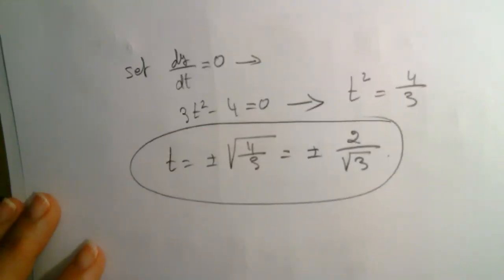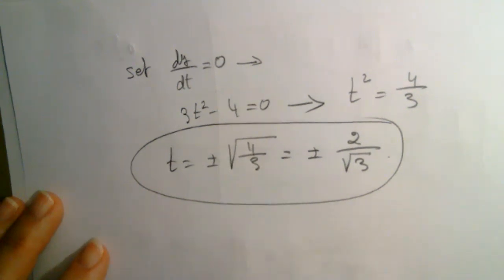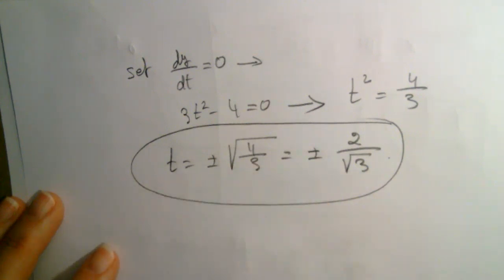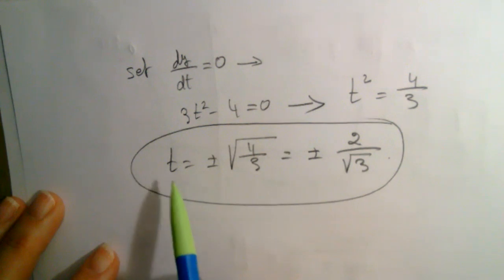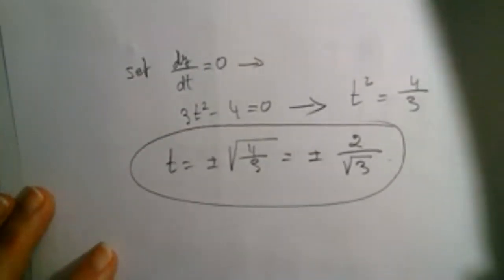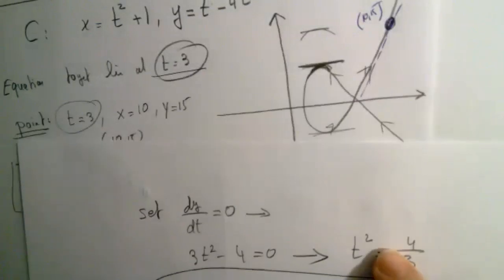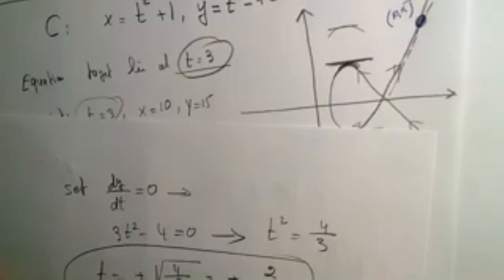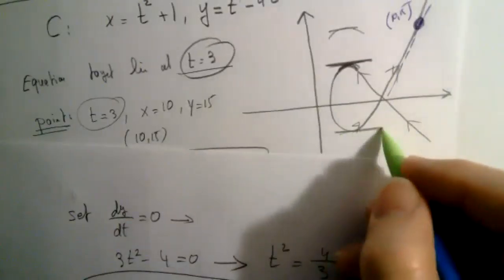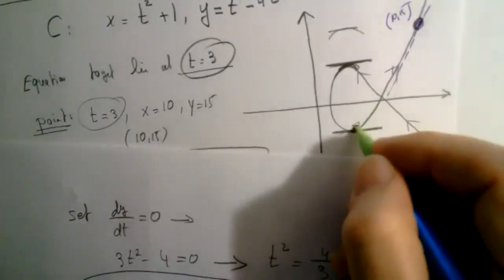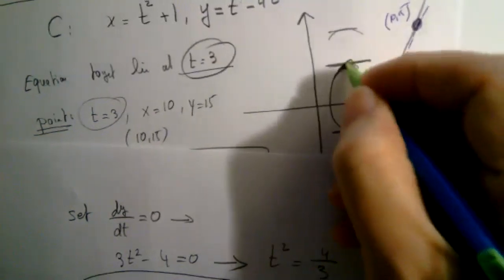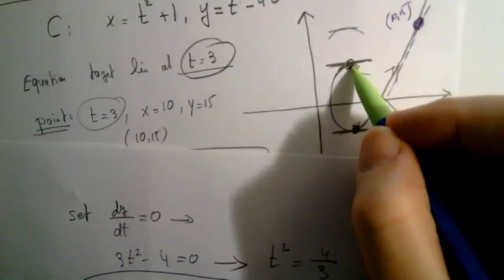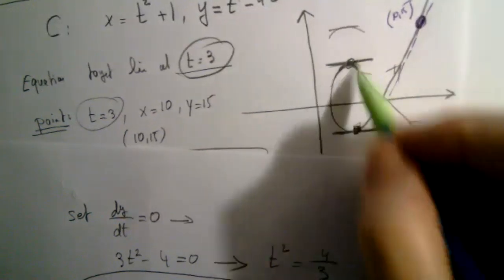But suppose I ask the question: at which point on the curve is the tangent line horizontal? So I'm not only asking you when, but also at which point on the curve. I know that the slope is horizontal for 2 different values of t, t equal to plus or minus 2 over the square root of 3, and now I want the point where this happens.